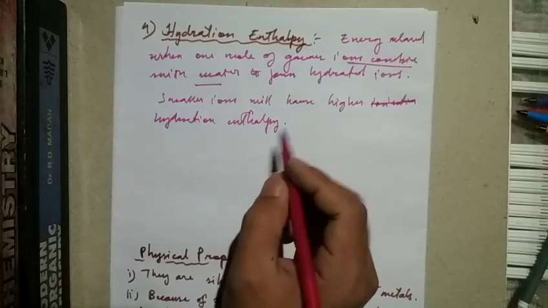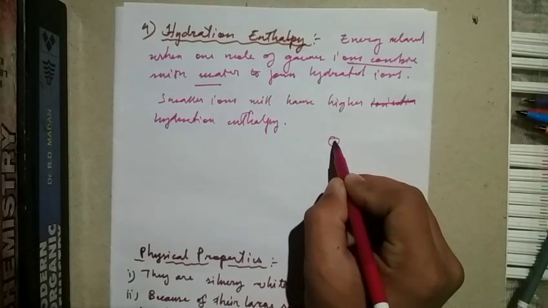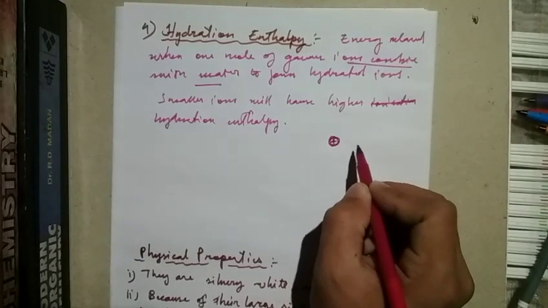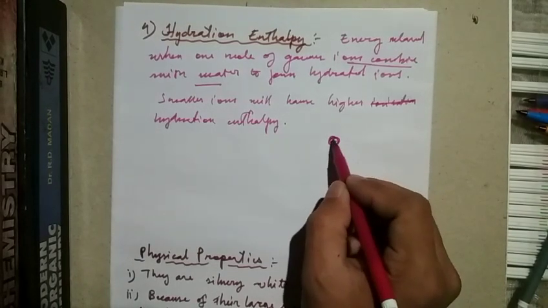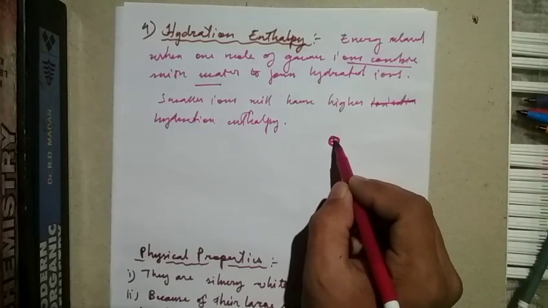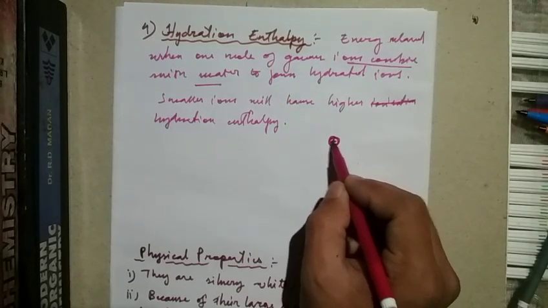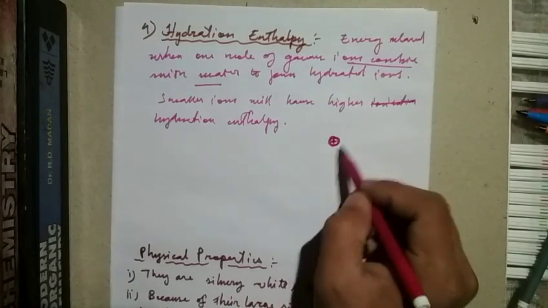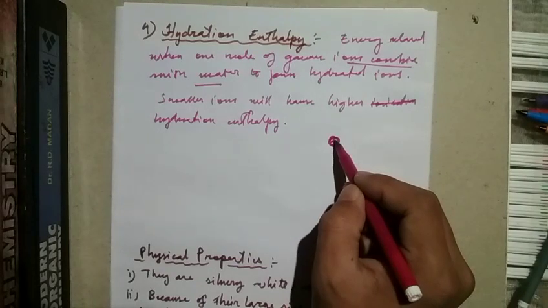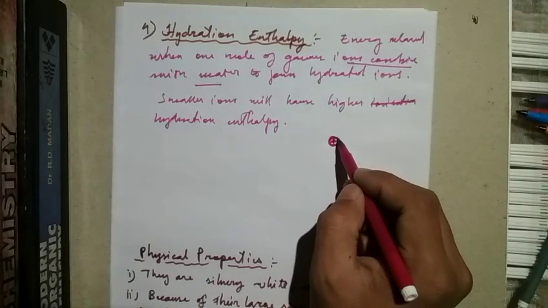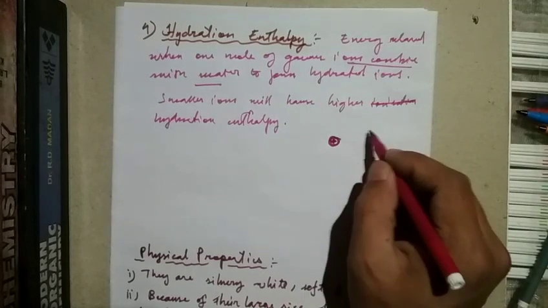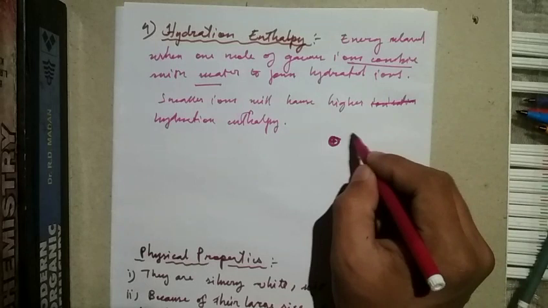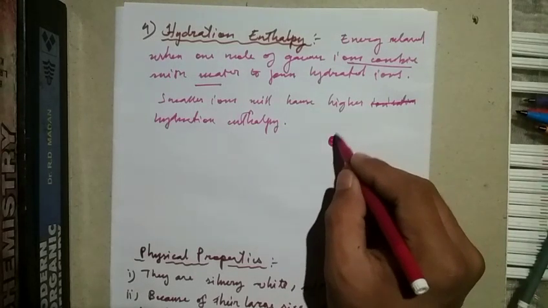The reason I will discuss now. Suppose this is the cation. We all know there are protons in the nucleus. Smaller size means the nucleus can attract other ions, or even electrons.